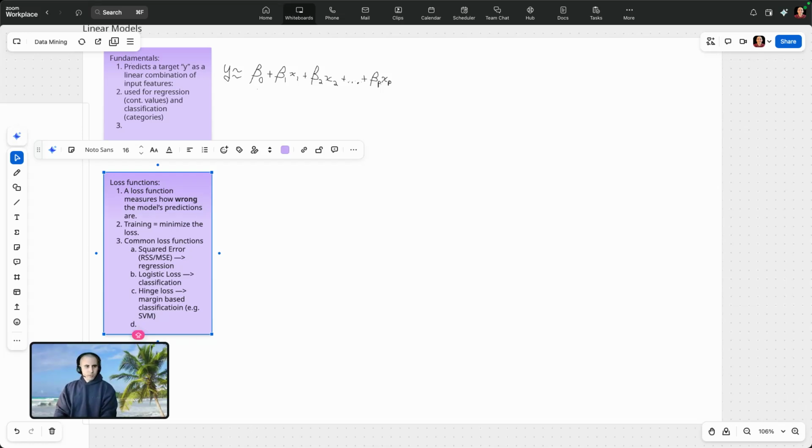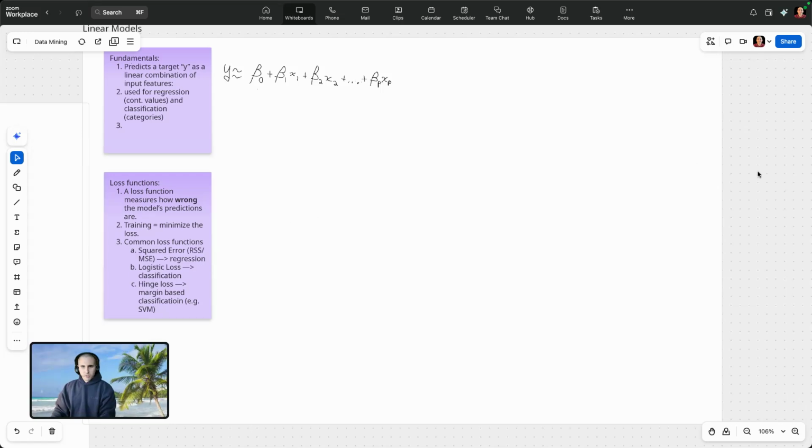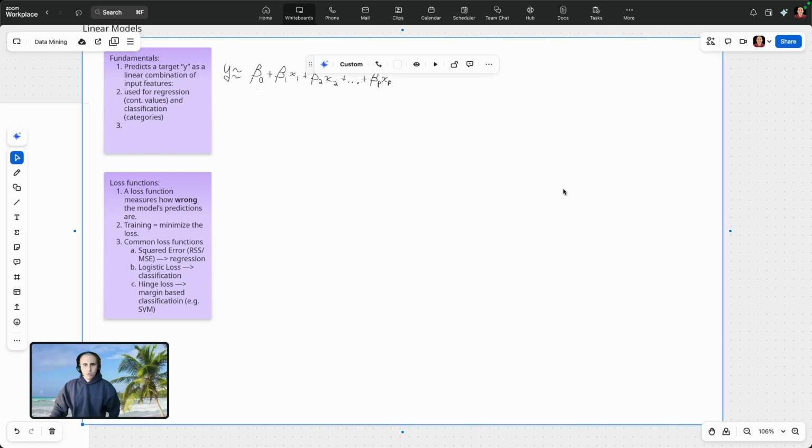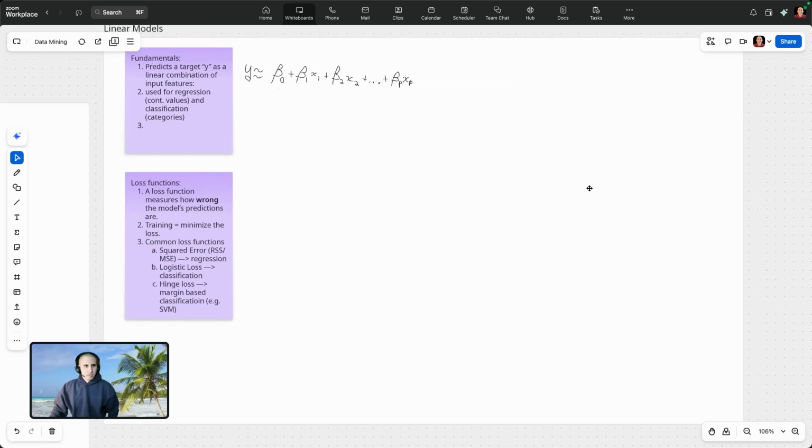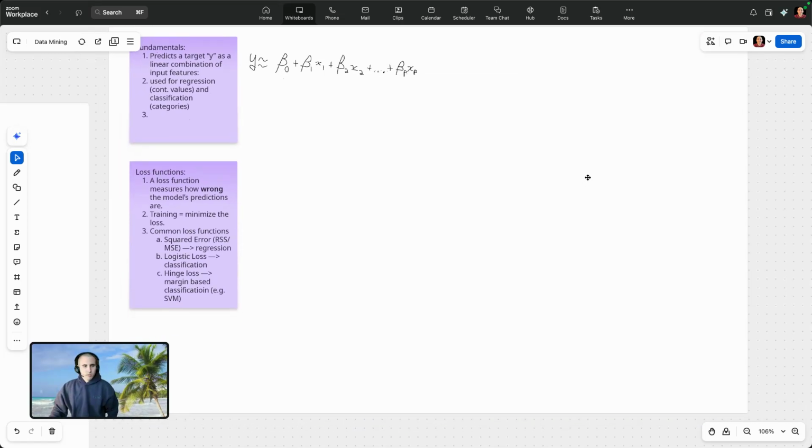Okay, so that's loss functions, and that's key because that's going to be part of our overall equation.